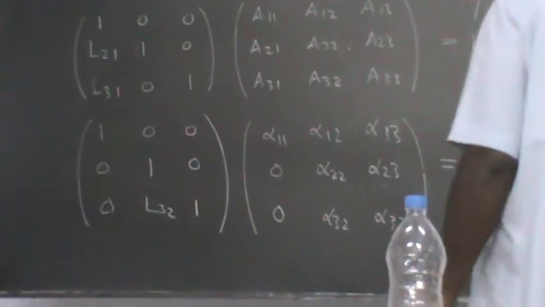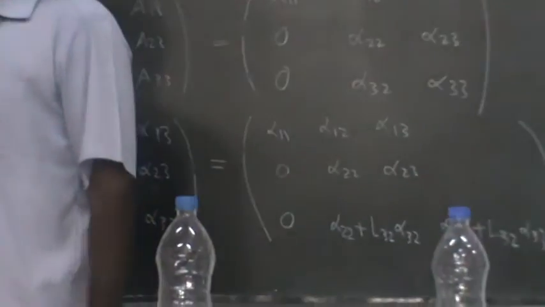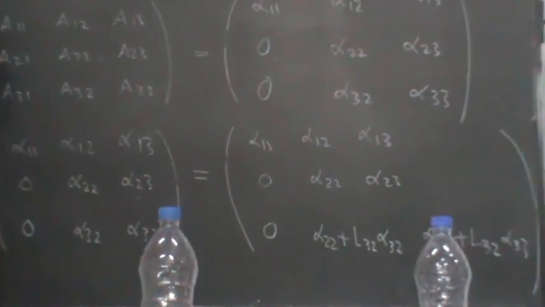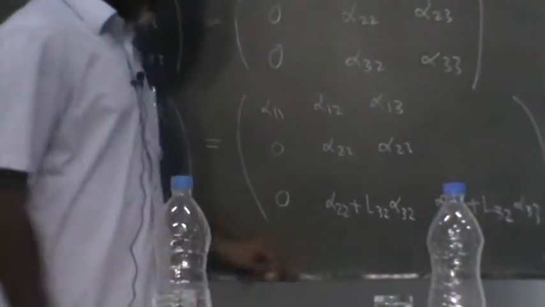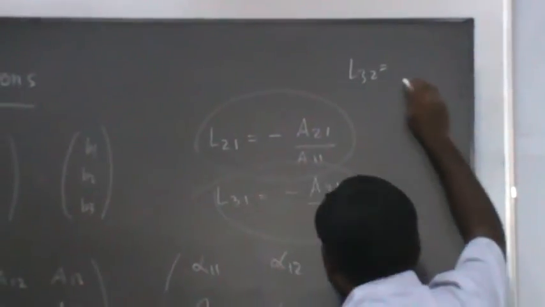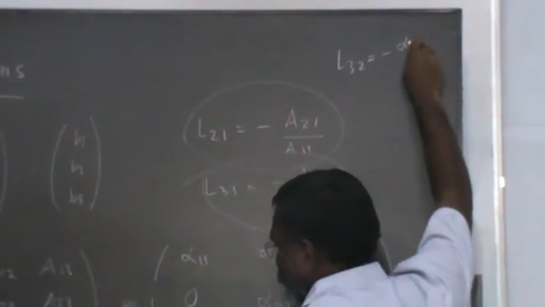So this is going to be my matrix. Now I am going to choose this L3,2 by demanding that this element has to be equal to 0, which means I must choose L3,2 equal to minus alpha 3,2 divided by alpha 2,2.